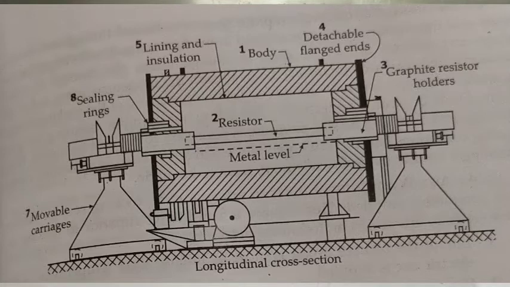The holders are mounted in free-moving spring-loaded carriages, pointed by 7, so that good electrical contact is always maintained, and the carriages remain stationary as the furnace rocks.